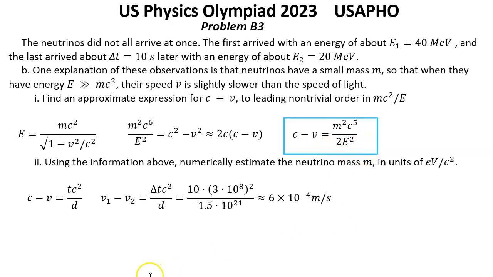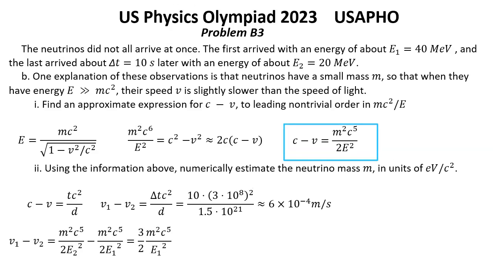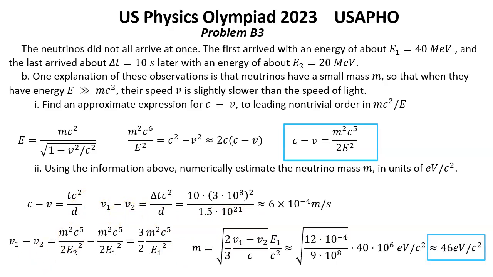It means that for two different neutrinos v1 minus v2 equals this minus this, and using numbers for E2 and E1 we have a factor of 3 over 2. Now putting in the expressions for v1 and v2, we have mass equal to 46 electron volts per c². That was the solution for question 2 from part B.